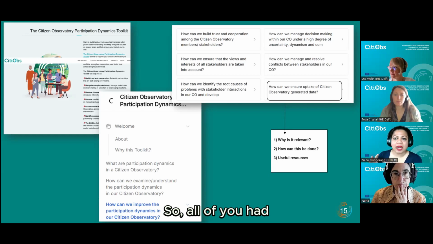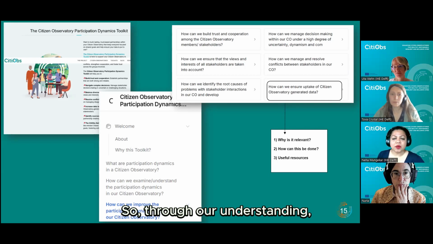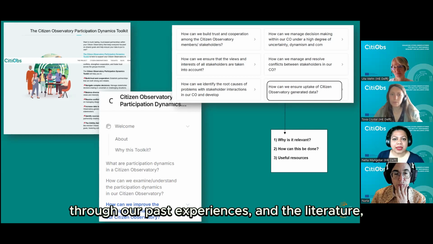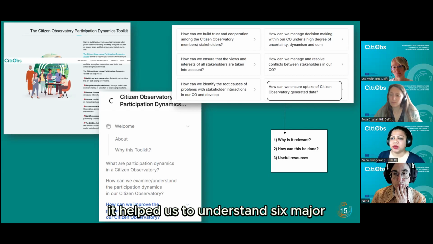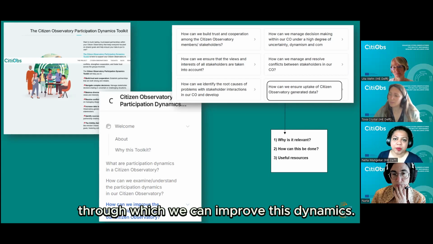All of you had pointed out the issues that we all face. Through our understanding, past experiences and the literature, it helped us understand six major approaches and the needs through which we can improve these dynamics.